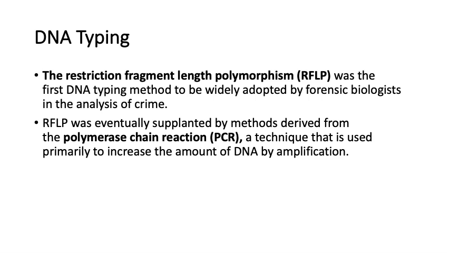For a while, many forensic science laboratories used both RFLP and PCR methods in tandem. Today, most laboratories use a typing method known as short tandem repeats, or STRs, which combine some of the attributes of both PCR and RFLP.